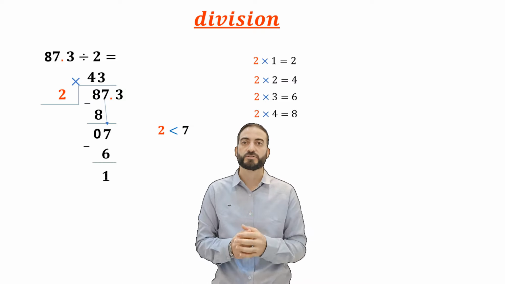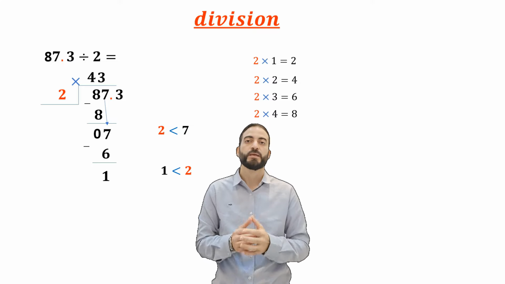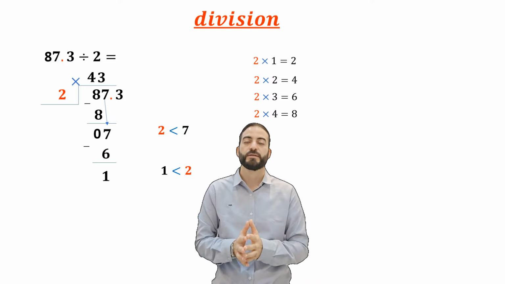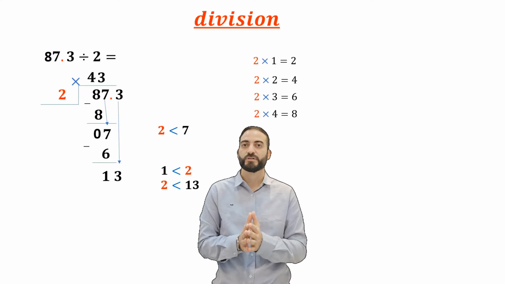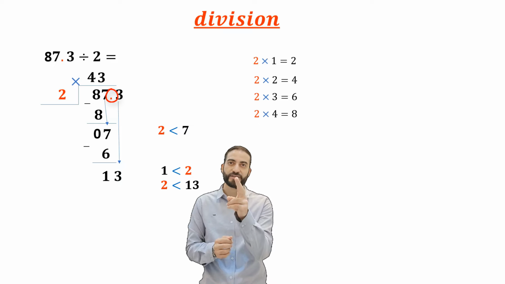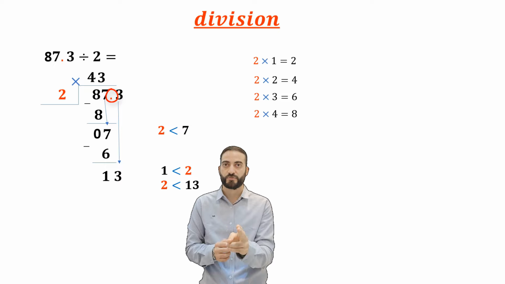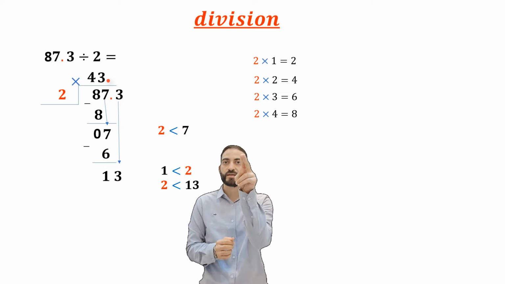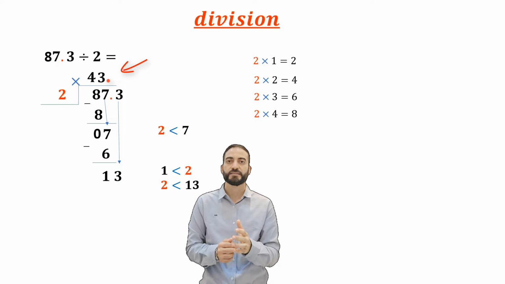Now we do subtraction. 7 minus 6 equals 1. Because 1 is smaller than the divisor, we put 3 here. But we notice that there is a point here next to the 3. This means that when we put 3, we must put the point here in the quotient, and we get 13, which is greater than 2.